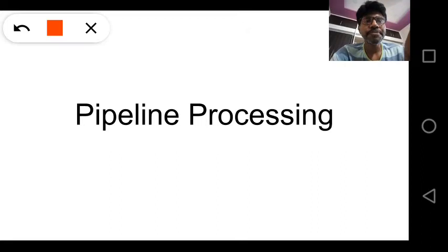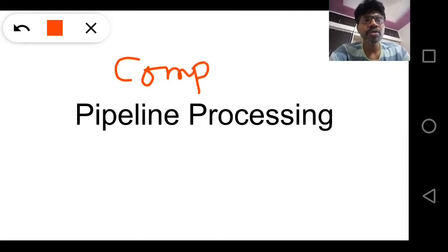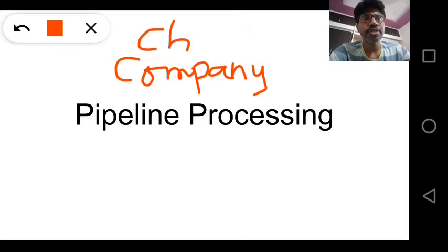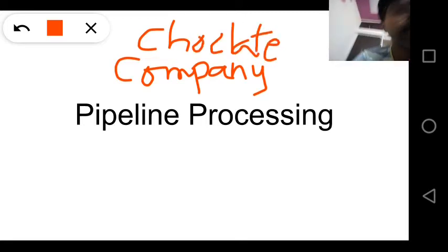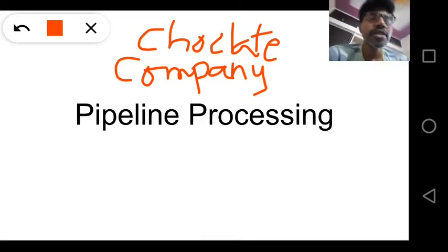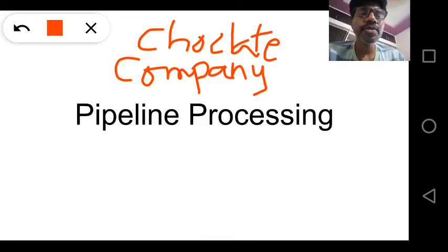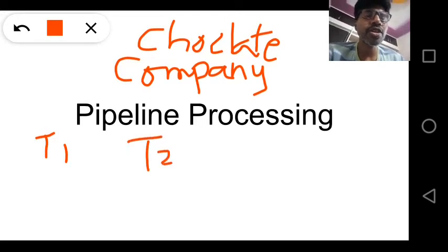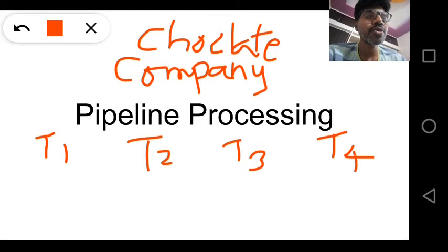Let us assume there is a company that manufactures chocolates. It is a chocolate manufacturing company. In that, there are different tasks. The chocolate manufacturing process has been divided into different tasks.